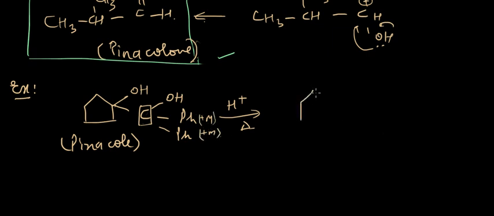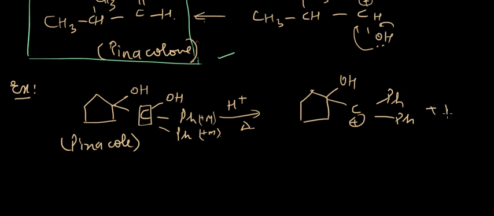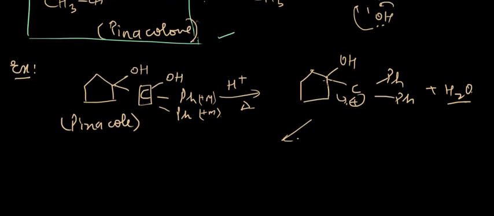So what would the intermediate look like? Intermediate would be something like this, with 2 pH here and water molecule released. Now what will happen is ring expansion will take place, in which this bond will break, this carbon atom will get a positive charge, and this will involve itself in ring formation.